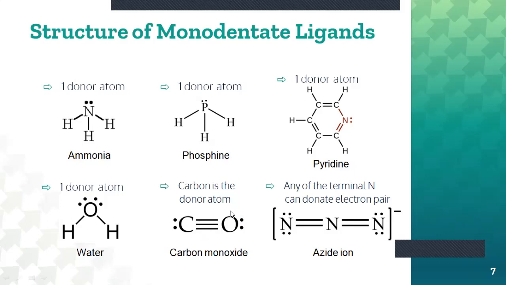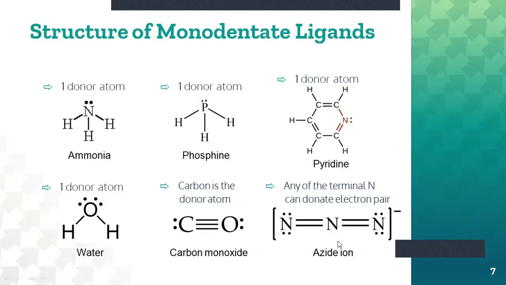Oxygen donated its two free electrons to the carbon atom and formed a covalent bond here. The carbon atom then donates its electron pair to form a coordinate bond, and therefore carbon is the donor atom. The electron donating capacity of oxygen is quite less here.